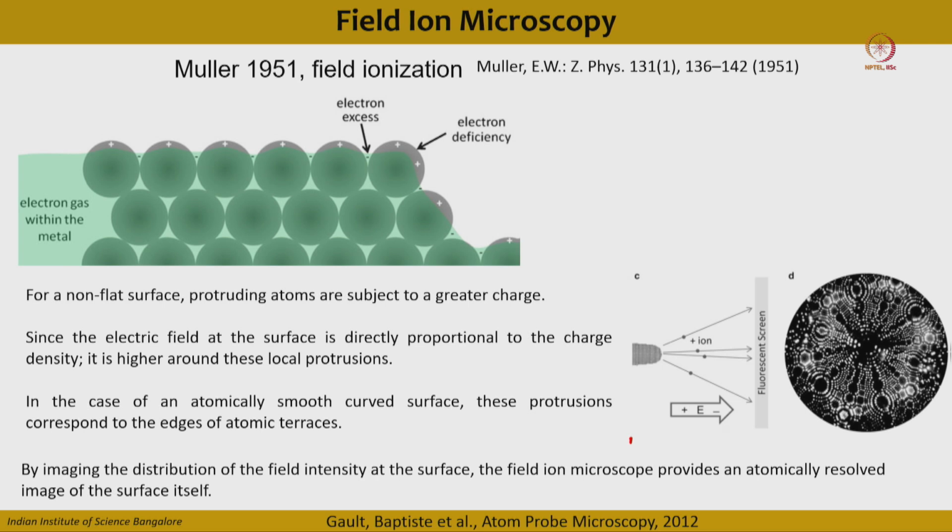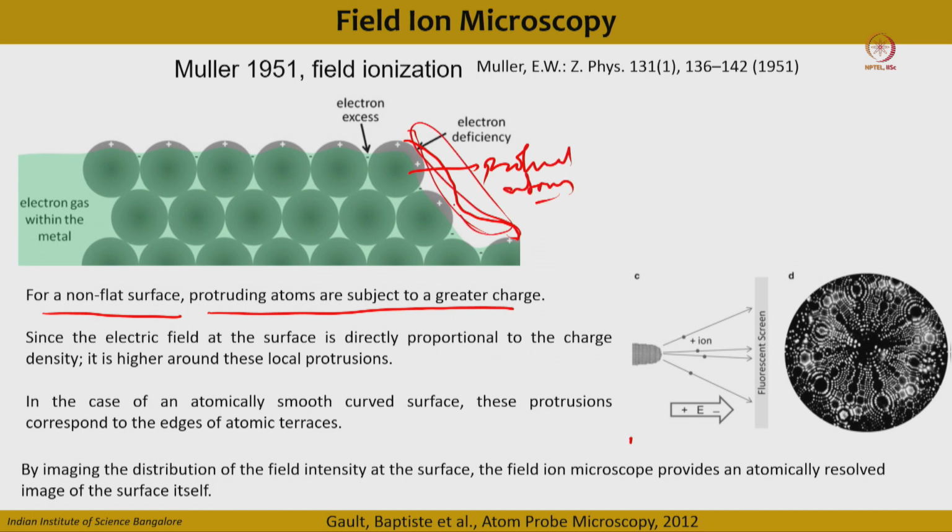Fine. So for a non-flat surface, as I explained, the protruding atoms are subject to a greater charge. This particular region we call protruded atoms, and the electric field distribution here is totally different.